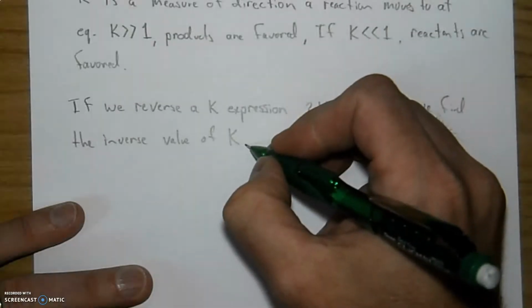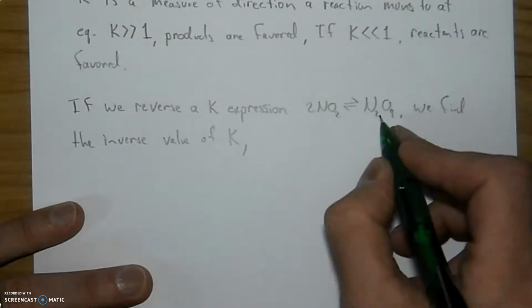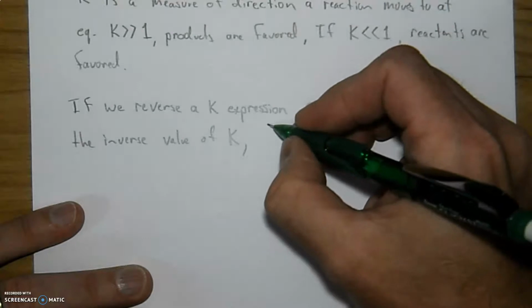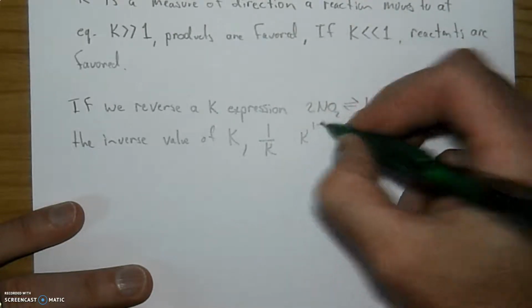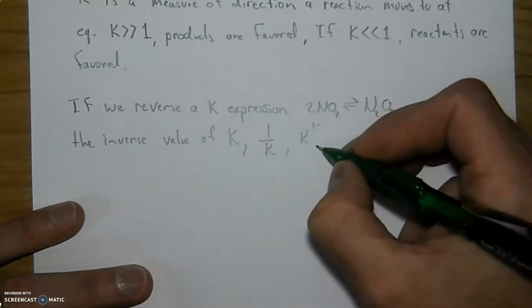If we reverse the reaction, just write it backwards, you get the inverse. So 1 over K, or K to the minus 1, either one would be fine.